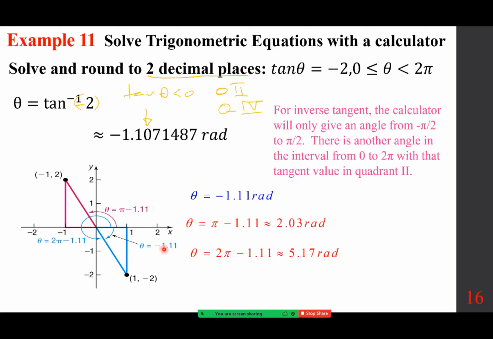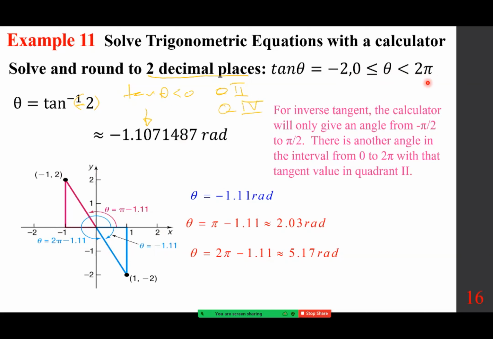It's the same angle, negative 1.11, and if you add 2 pi, it gives you the same angle, but it puts us between 0 and 2 pi because we want a positive value for that. Again, why are we doing this? Is this the correct answer? Yes, but we have two answers from 0 to 2 pi.